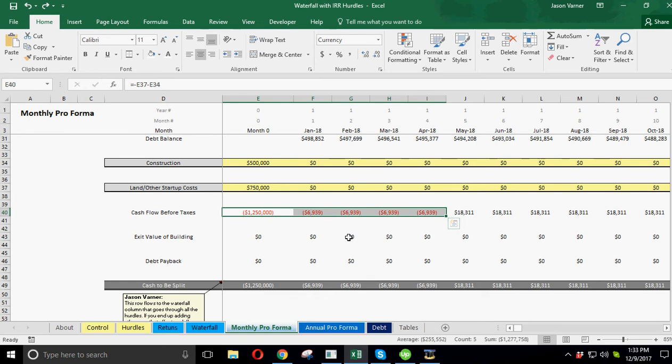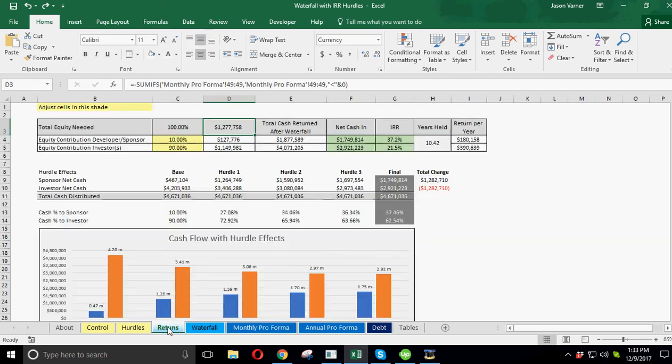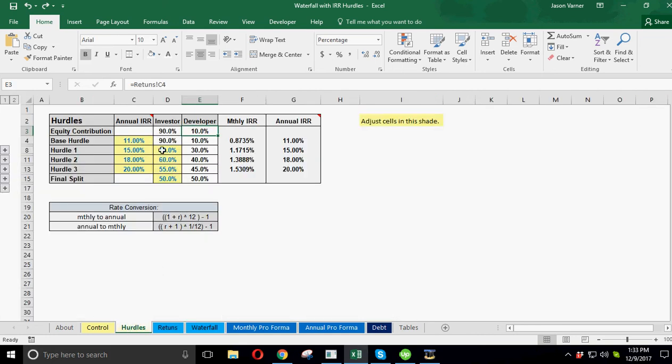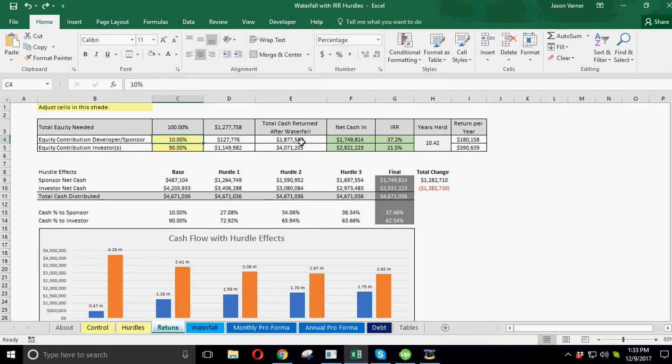So it's saying, well, the total amount of money you're going to need is that. And so how are you going to split that up? Well, I'm going to get some investors, and they're going to give me 1.1, and I'm going to put in 100,000 myself, 127. So that's where this 90-10 is coming from, and that would change, obviously, if we just change these, say you did 20-80.